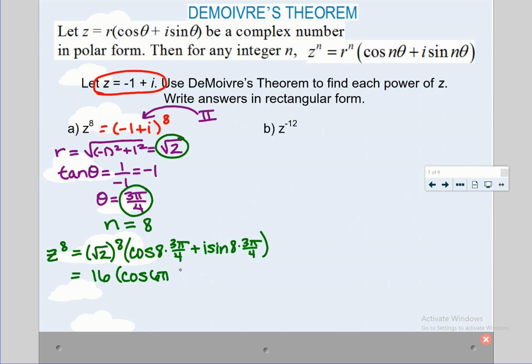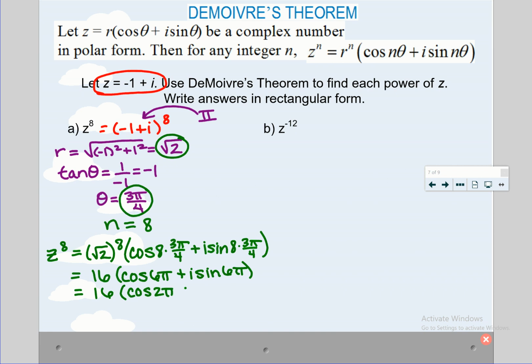6 pi. So now we need to evaluate 6 pi. 6 pi is a little big, so what could we do with it? Subtract 2 pi until we get something that's on our unit circle. If I subtract 2 pi, I get 4 pi. Subtract 2 pi again, I get 2 pi. You can leave it like that, or you could go all the way down to 0. Doesn't matter. I'm going to say just cosine 2 pi.